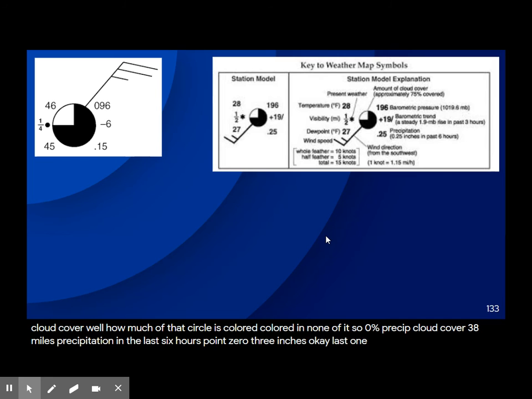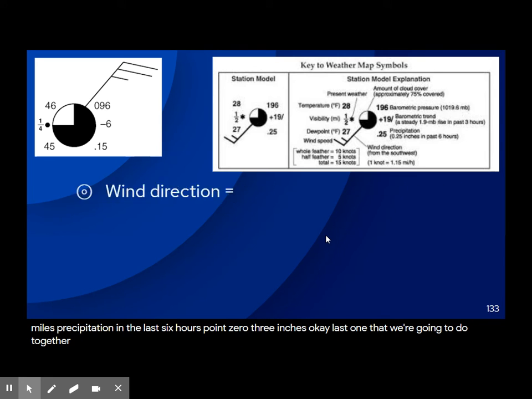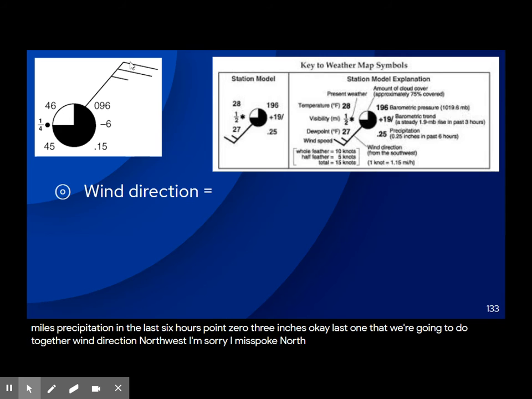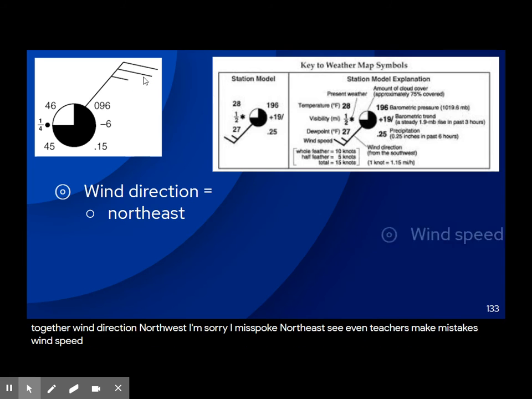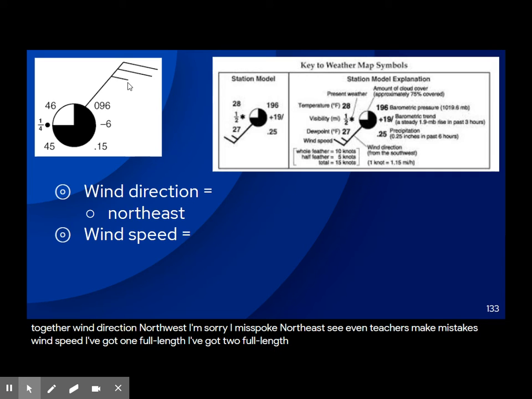Okay, last one that we're going to do together. Wind direction, northwest. I'm sorry, I misspoke. Northeast. See, even teachers make mistakes. Wind speed. I've got 1 full length, I've got 2 full length, I've got 1/2.